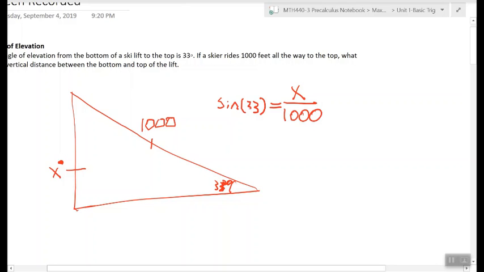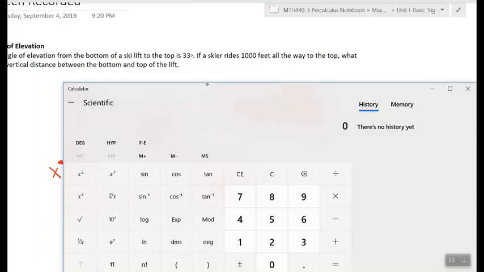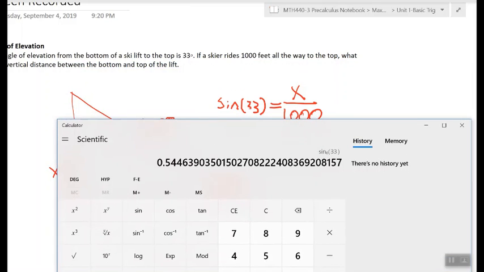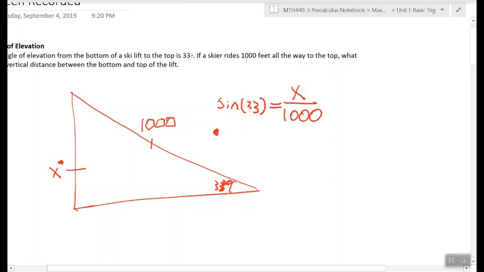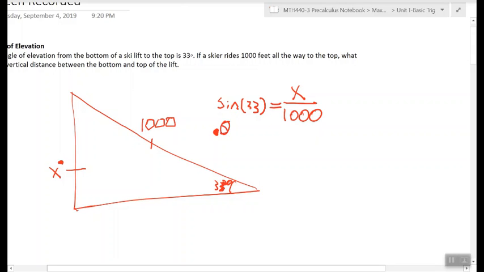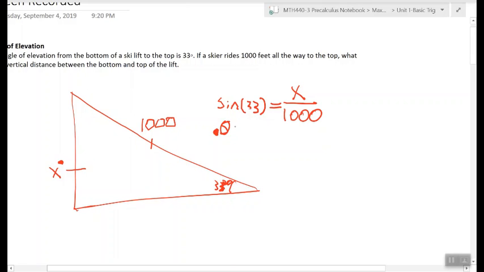And then we plug that into our calculator right here. 33 sine, it's that number, so we'll just put an abbreviated version down here. 0.5446 dot dot dot. That's what we'll put. 0.5446 equals x over 1,000.